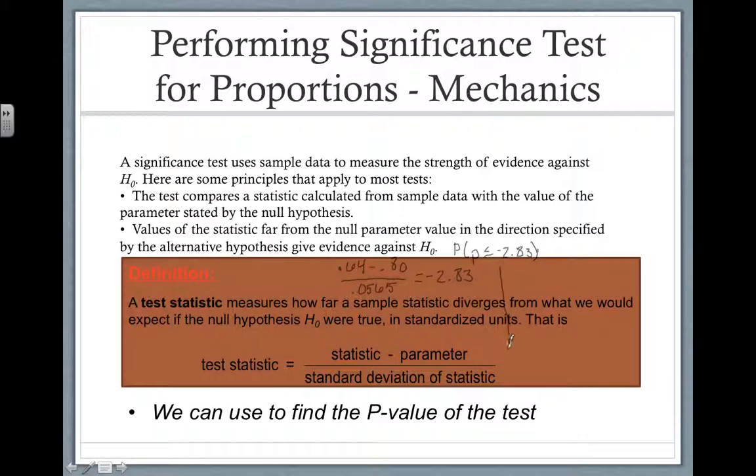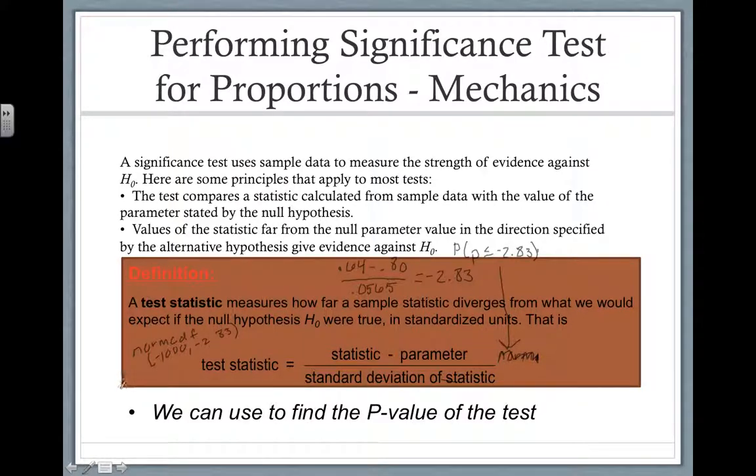so I'm going to put this over here. How to find that is by taking normalcdf. I ran out of room, so I'm going to put it over here. We're going to do normalcdf of negative 1,000, let's say, to negative 2.83.